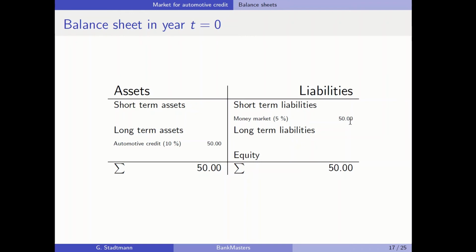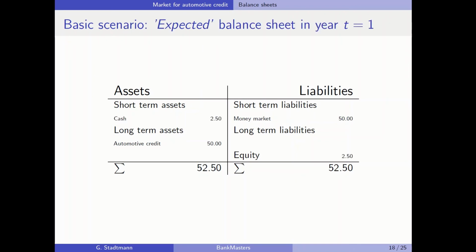This goes to the short-term liability side, and then we are selling the liquidity in form of automotive credit at an interest rate of 10%. And here you can also see the volume of 50. This is the balance sheet 1 minute after we performed this deal.